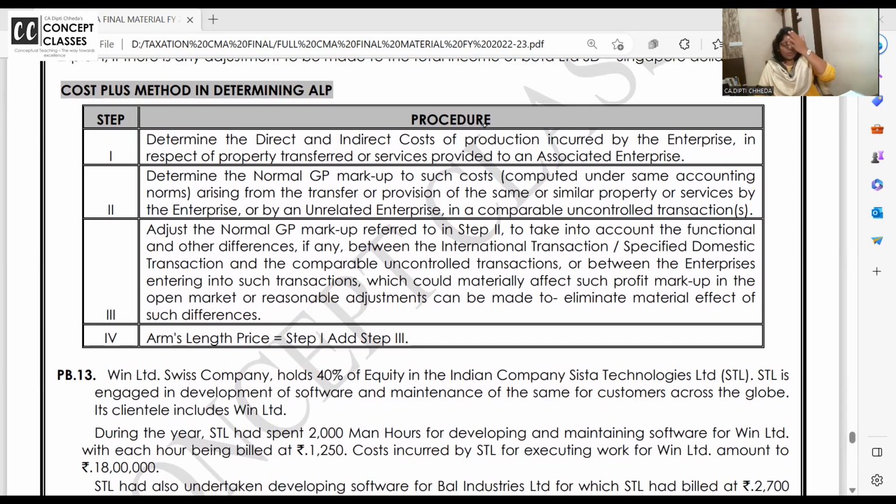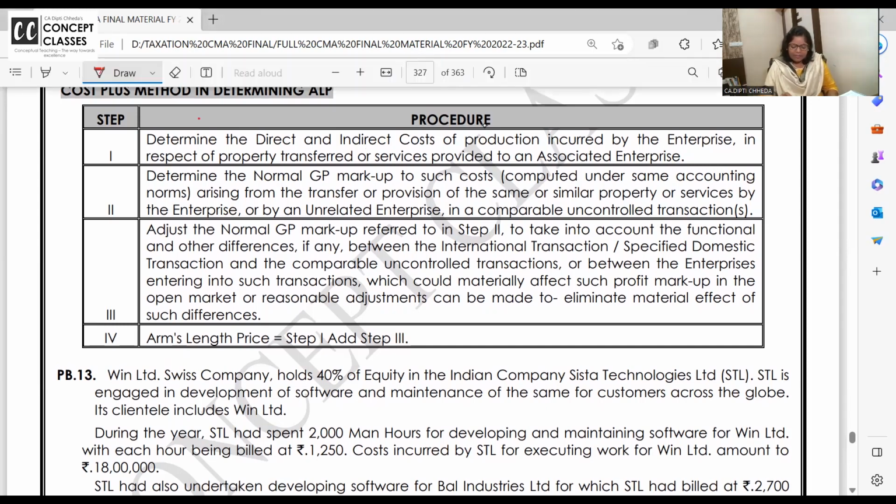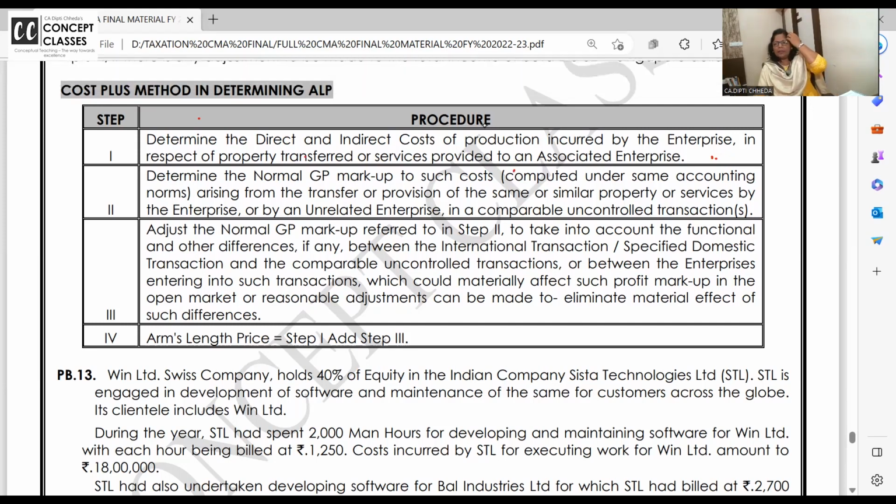Okay, chalo. Next is the cost plus method. Determine the direct and indirect cost of production incurred by the enterprise in respect of property transferred or services provided to an associate enterprise. For the international transaction we are doing with the associate enterprise, what is my cost? Determine the normal GP markup to such cost under the same accounting norms arising from transfer or provision.